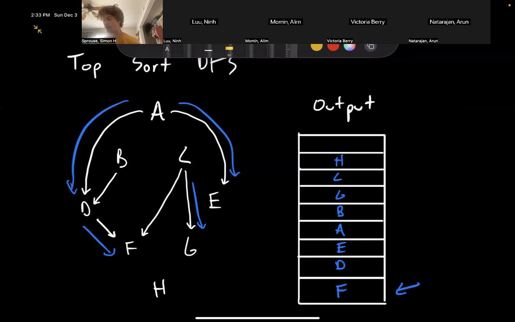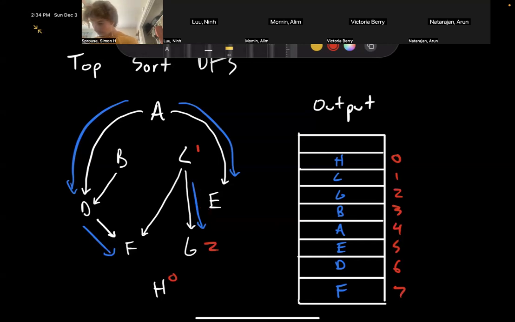The way that you would interpret this output is imagine we gave these numbers: 0, 1, 2, 3, 4, 5, 6, 7. So H would be 0, C would be 1, G would be 2, right? And as you can see, this is giving you some sort of top sort variant.